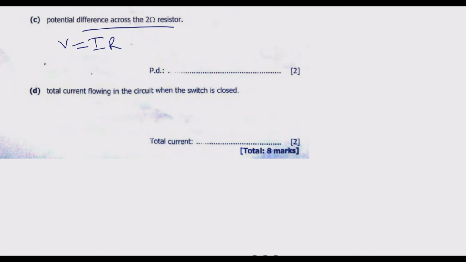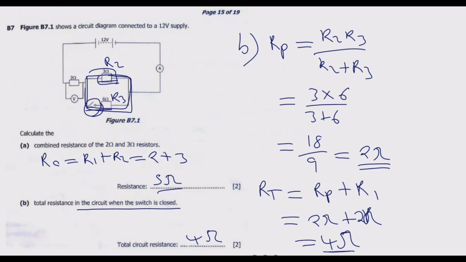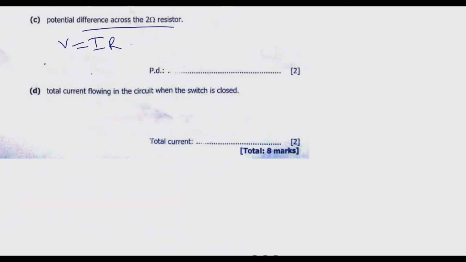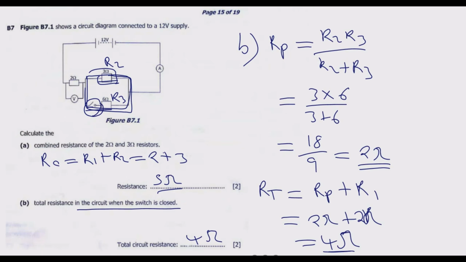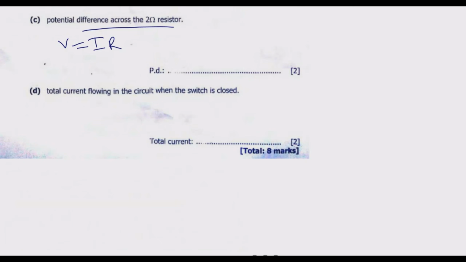So having found the combined resistor, we can find the resistor before the switch is closed, because you are not told that the switch is closed. So before the switch is closed, the combined resistor is 5 ohms. If you were told that it's closed, it was going to be specific under C. So we know the voltage, and we need to find current. So current will be equal to voltage divided by the combined resistor before it's closed.